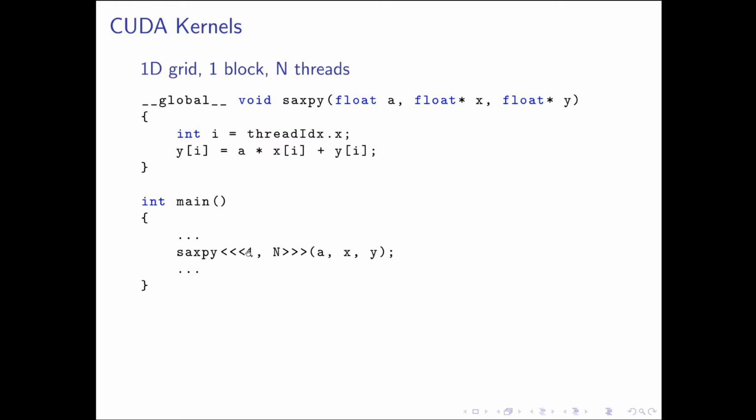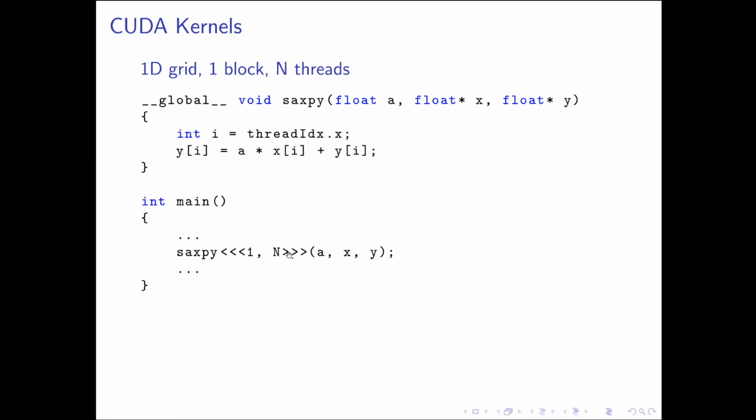So the two variables that go in here, like the number of blocks and the number of threads, are of type dim3, so they are vectors actually. And in the trivial case that we have a 1D grid, we are actually allowed to also use this syntax here. And this kernel is really very trivial because on CUDA architectures the number of threads per block is limited.